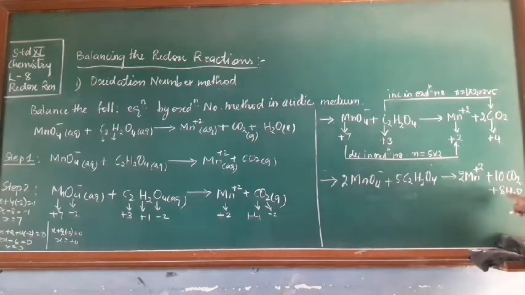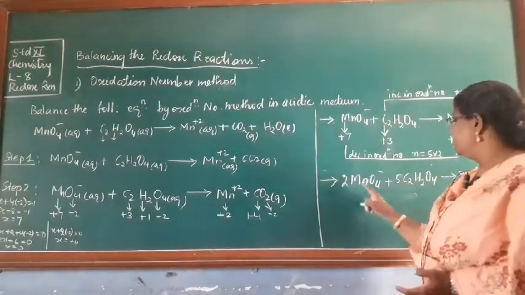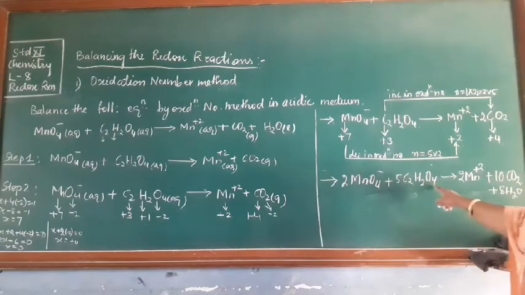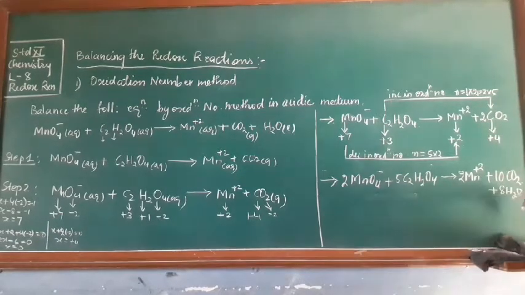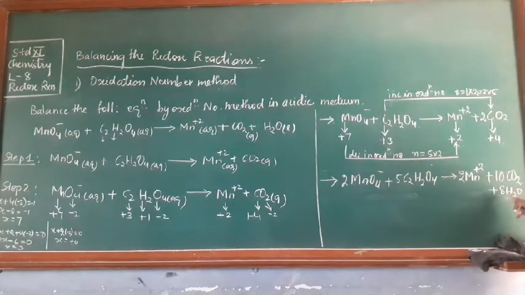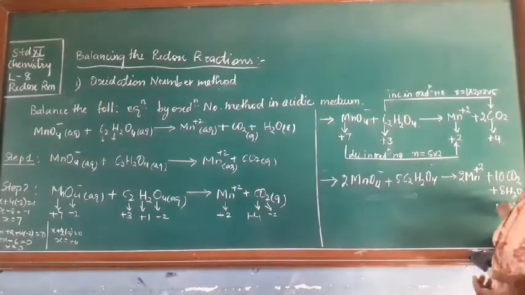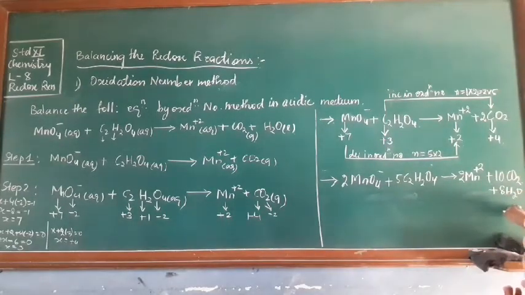So I have now 20 plus 8, 28. Here also I have 4 into 2, 8, and 20, so 28. Both sides, left hand side and right hand side, have 28 oxygen atoms. Now when I add 8 oxygen atoms, H atoms are also added, that is 8 into 2, 16 H atoms on the right hand side.